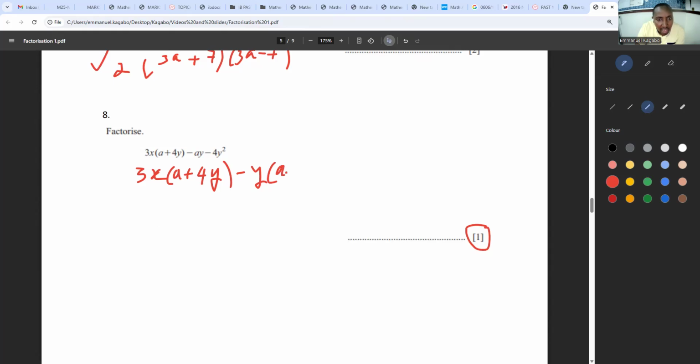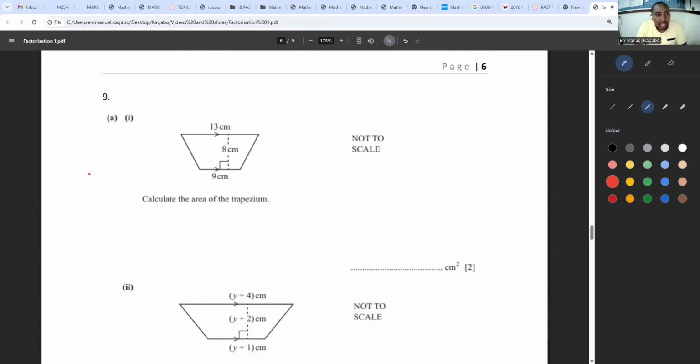It's a plus 4y. You get that? Because this was 4y squared, and this is the same as this. Wow, very good. That means we did it. So it is 3x minus y bracket x plus 4y. That is it. I'm done. Good. Very good question here.